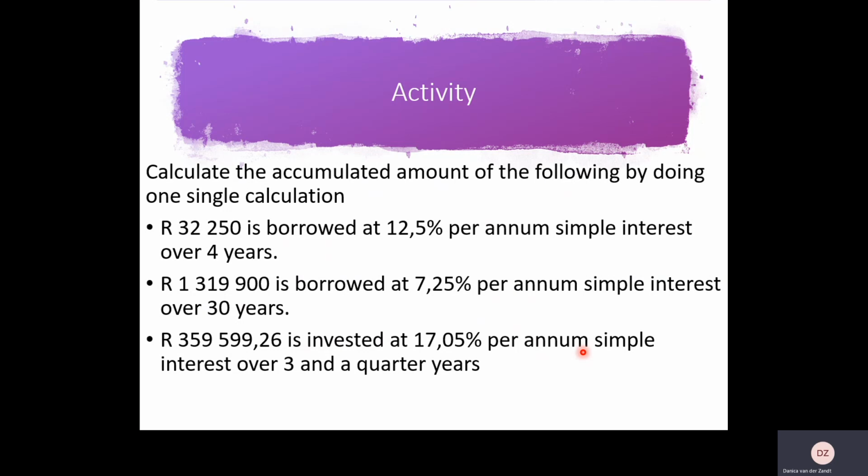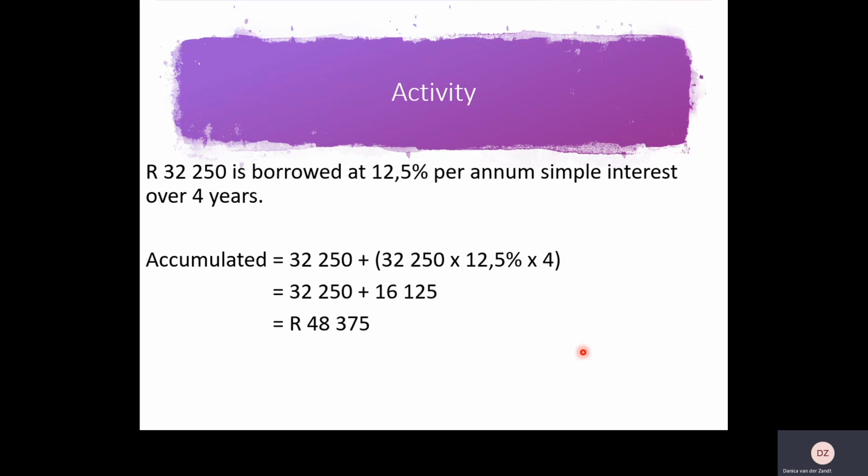It is your decision. So my first one says I am borrowing 32,250 Rand at 12.5% per annum simple interest over 4 years. So my calculation is my principal, okay? And then I say plus, in brackets, my principal times my interest rate times my number of years.